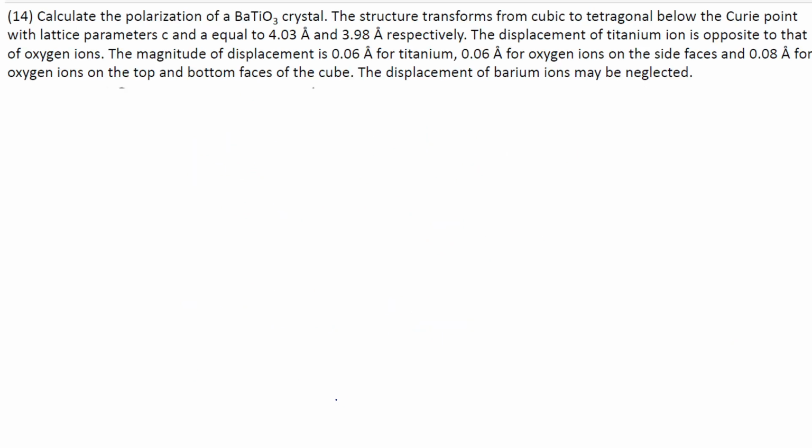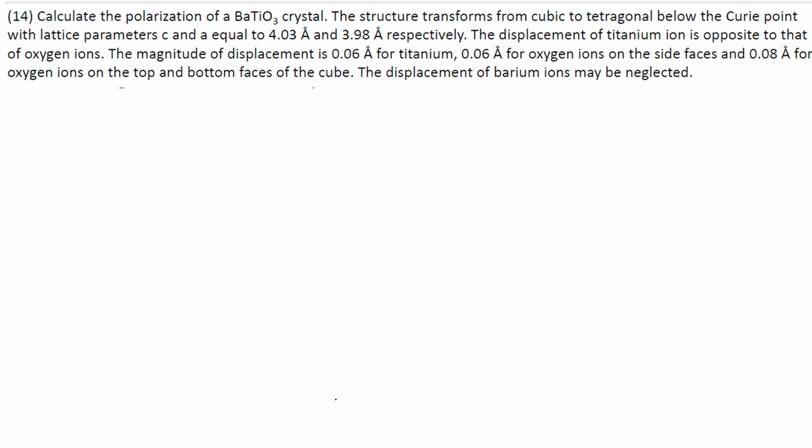So let us go to the next one. Calculate the polarization of a BaTiO3 crystal. The structure transformed from the cubic to tetragonal below the Curie point with lattice parameters C and A equal to 4.03 angstrom and 3.98 angstrom respectively.